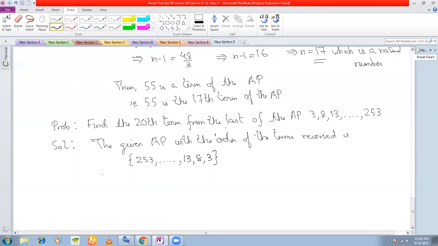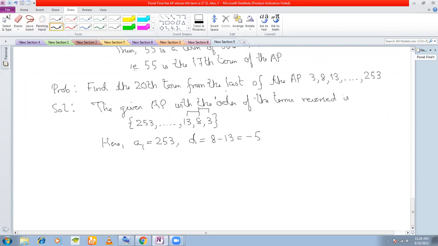Okay. So here, what is the first term? We consider the first term as 253. And what is the common difference? You can take the difference of these two, 8 minus 13, which you get as minus 5. This is the common difference of this AP.